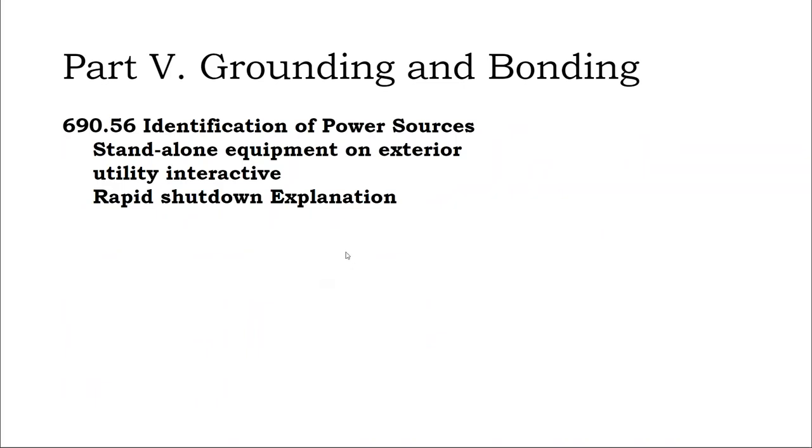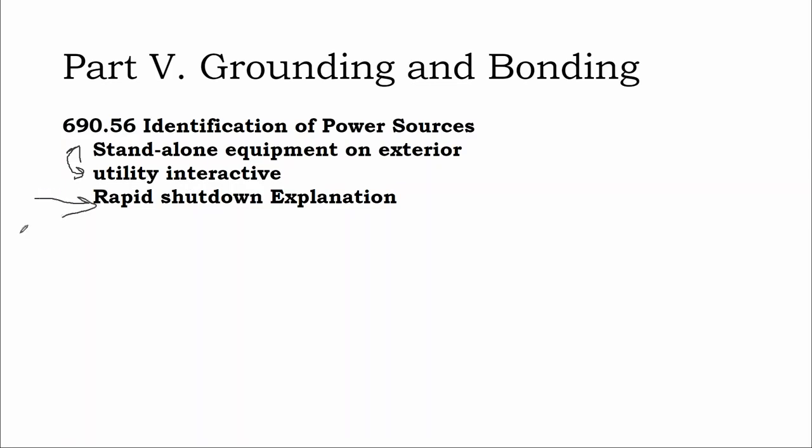Identification of power sources. This is the listing requirements. You say, well, what stickers do I need on my solar array? Your stickers need to identify what the array actually is to an inspector or emergency responder when they show up, so they know what's going on. So the difference between if the system is off-grid or grid interactive needs to be called out.